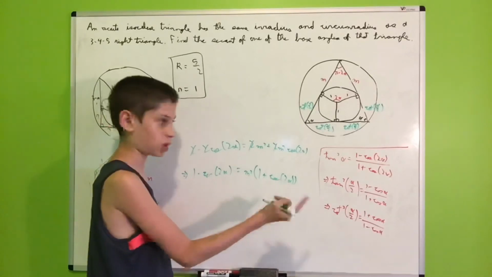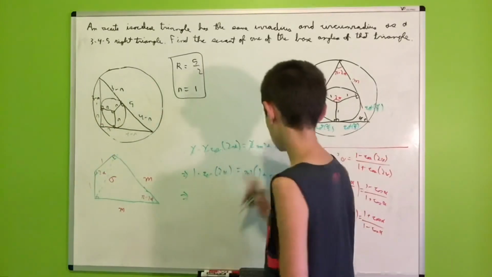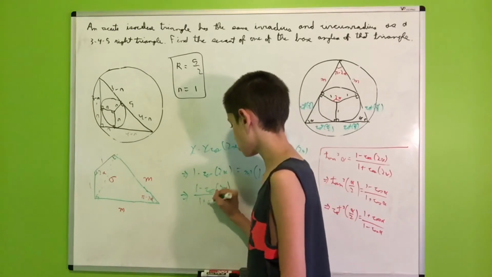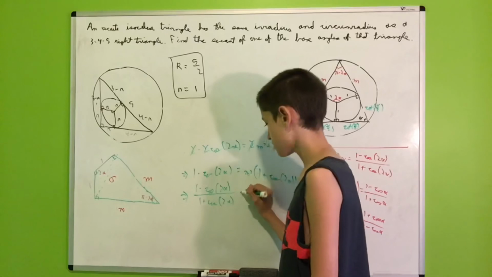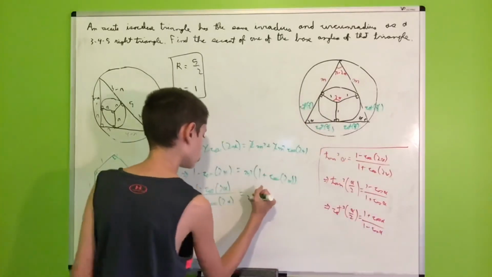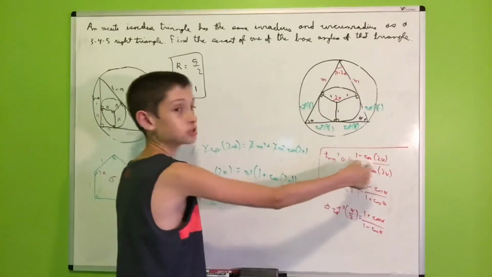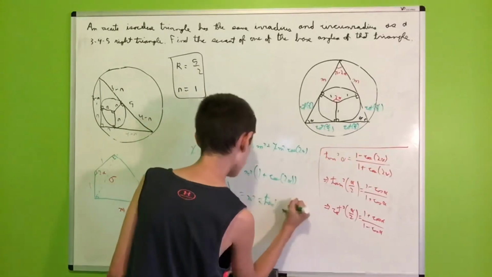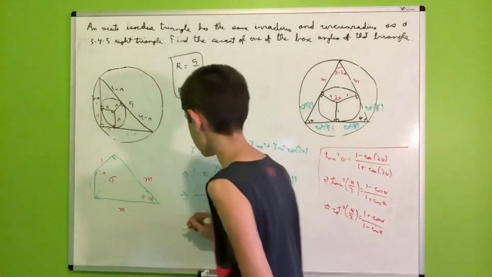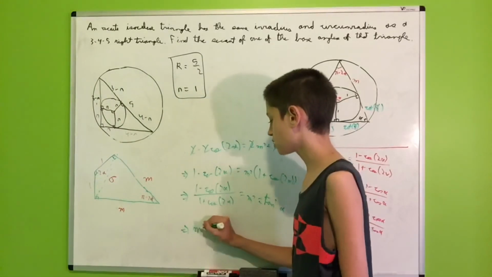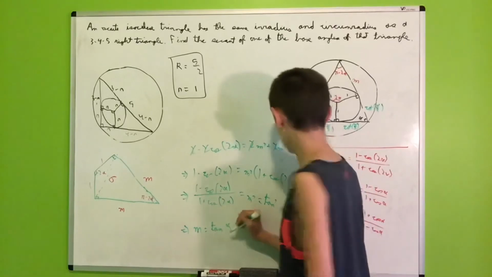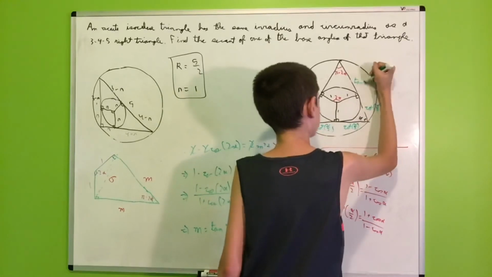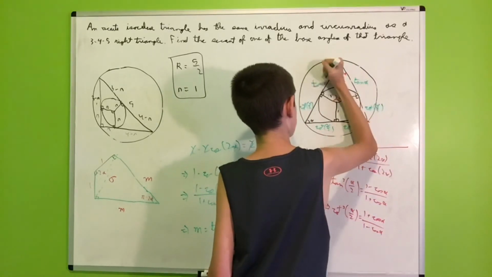Dividing both sides by 1 plus cosine 2 alpha, we get 1 minus cosine 2 alpha over 1 plus cosine 2 alpha is equal to m squared, but as we see right there, this is equal to tangent squared alpha. Therefore, taking the positive square root on both sides, we get that m is equal to the tangent of alpha. So let's draw that into our diagram. This will be the tangent of alpha, and this will be the tangent of alpha.